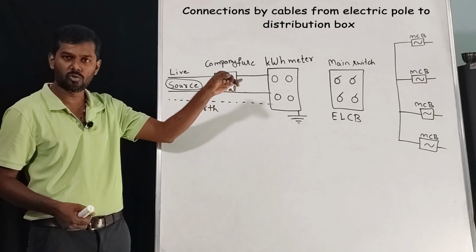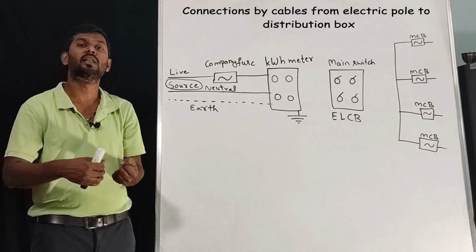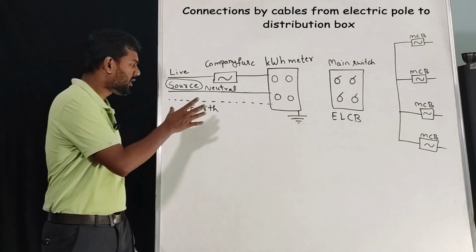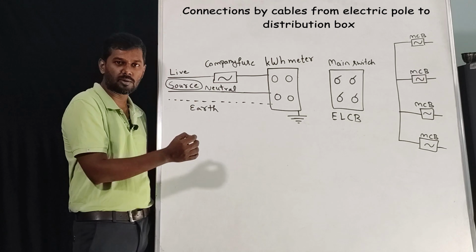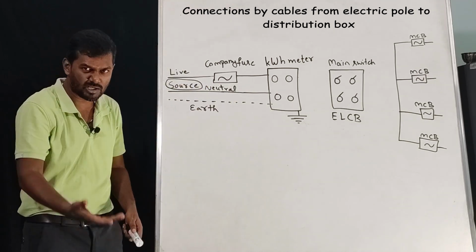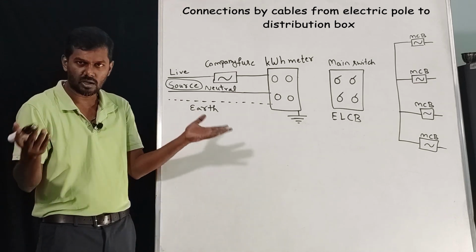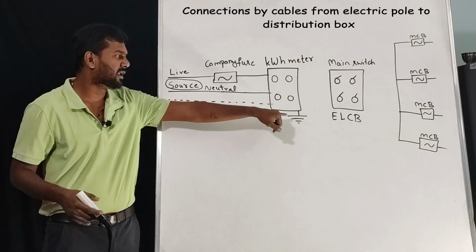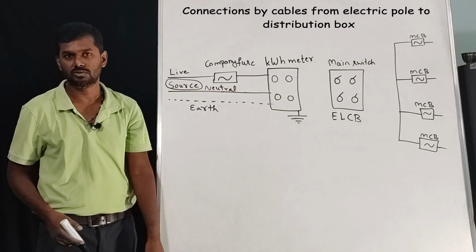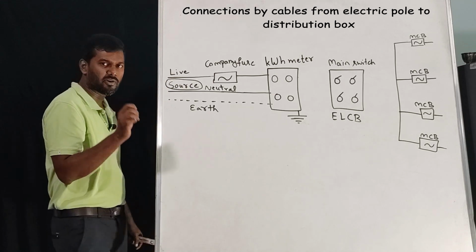Local earthing is there, and all those things we are going to learn in Part B. For now, you need to know what earthing means. Earthing is nothing but a connection given to the earth, so whenever high voltage enters the house from different sources, it will be given back to the earth, so it will not affect the house or building. Now these are the 3 wires and these are the 3 different functions.